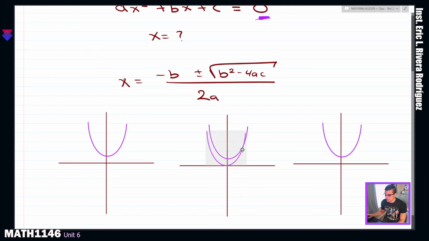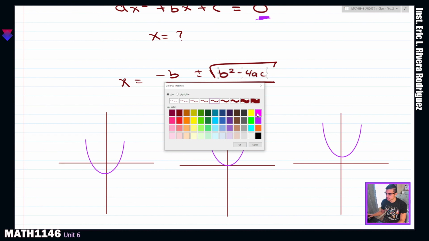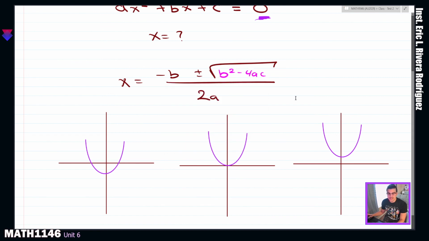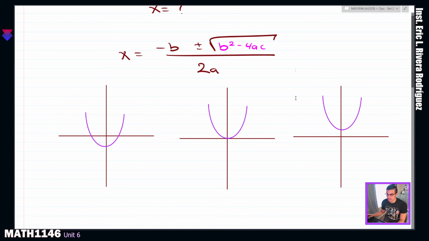You are going to know that based on the discriminant here. What is inside that radical, that square root, b squared minus 4ac, is going to tell you how many x-intercepts you are going to have.